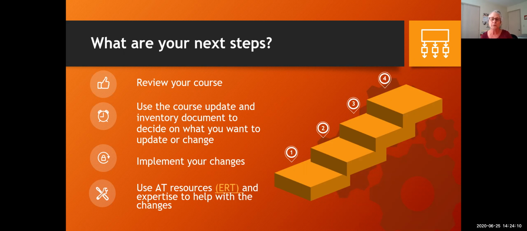Then you implement your changes, which will probably take place in Sakai. And then you'll want to use us, your AT department, Bonnie, and the resources that we have for you. Just reach out to us and let us know if you have any issues or problems, and we'll help make that happen for you. If you can dream it, we'll help you build it. That's for sure.